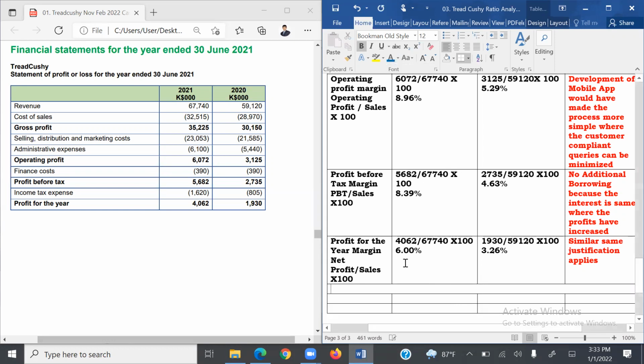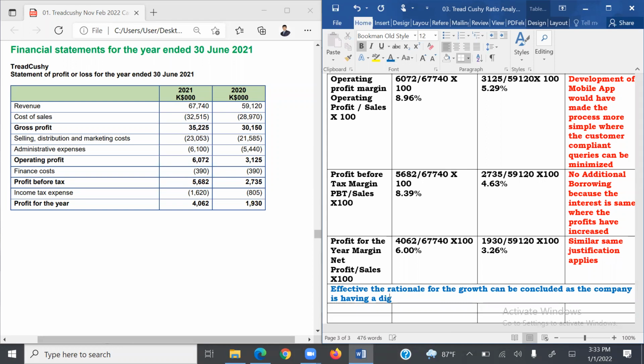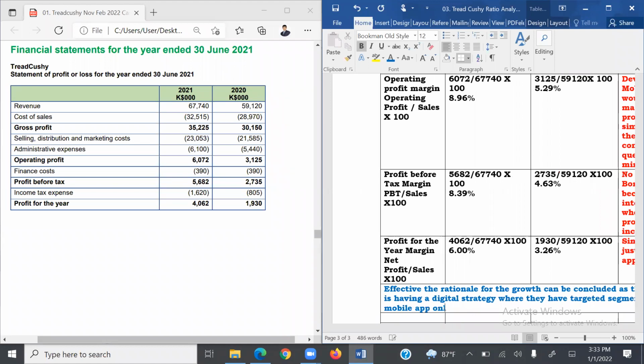Effectively, the rationale for the growth can be concluded, students, as the company is having a digital strategy, where they have targeted the segment using mobile apps, online stores, and further, they would have had big data analytics.